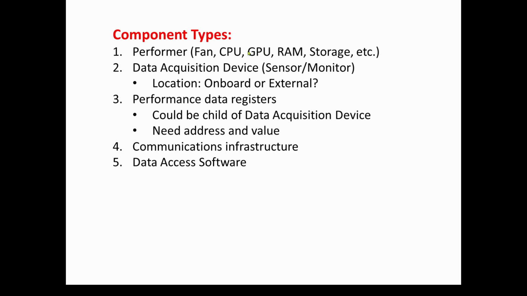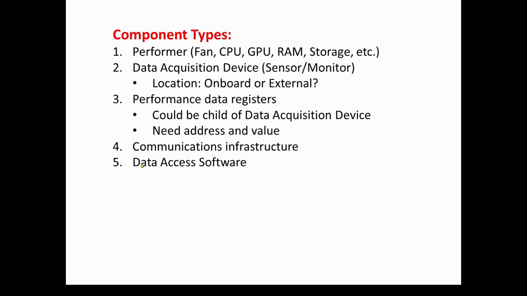Maybe with an NVIDIA GPU, NVIDIA provides some software like a DLL or some type of software that makes it a lot easier to communicate over PCIe to the GPU and grab data from the registers that tell you about the performance of the GPU. So maybe for a GPU, you've got certain manufacturer data access software you can use. And maybe for a fan, you have to do it yourself, and so on.